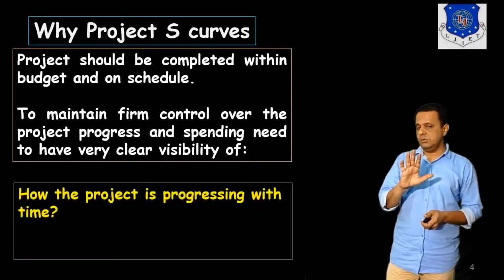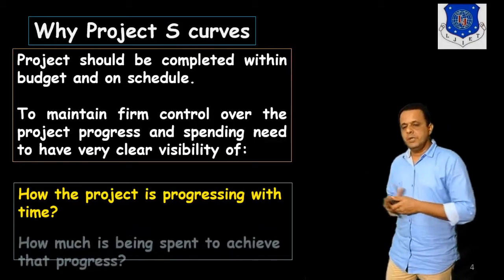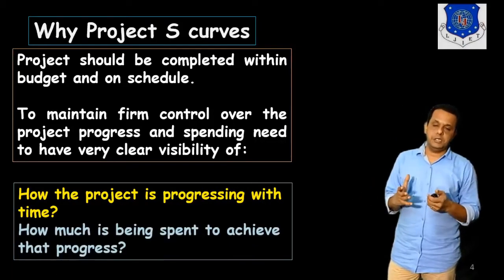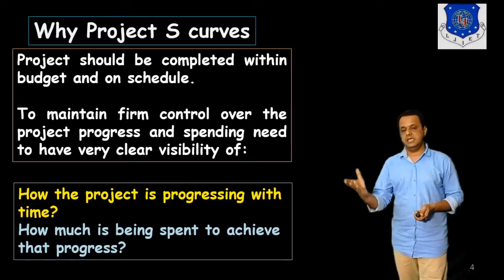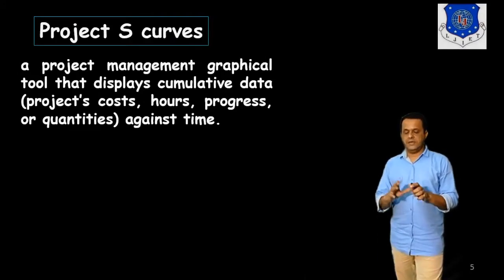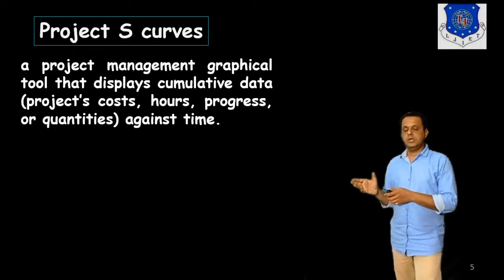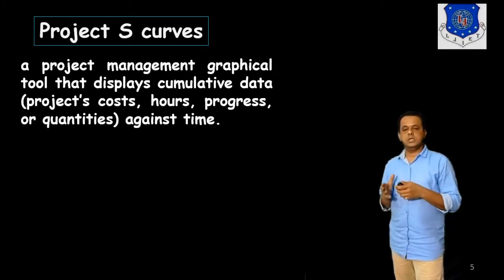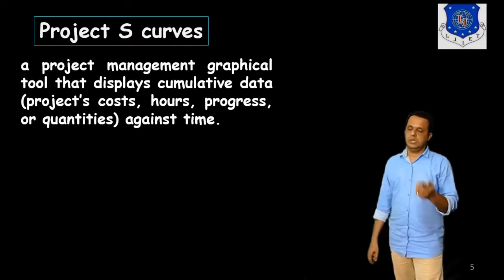So we will have clear visibility of how the project is progressing with time and how much is being spent. So time and cost is very much important for a project, as I said at the start of the session. It is a project management graphical tool, where we are talking about the project cost, hours, progress, and quantities with respect to, obviously, time.